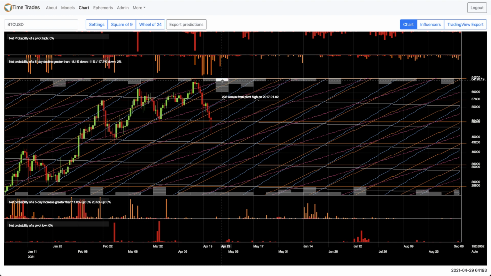This is one of the things I love about Time Trades, by the way, is that I don't think any of you are counting pivot square weeks going all the way back to pivot highs in 2017. Time Trades does this for you, so that's kind of a cool little feature. All right, so I think all of this is lending to a significant tradable low happening late this week in Bitcoin. And I'm going to be watching the end of the week very closely here.